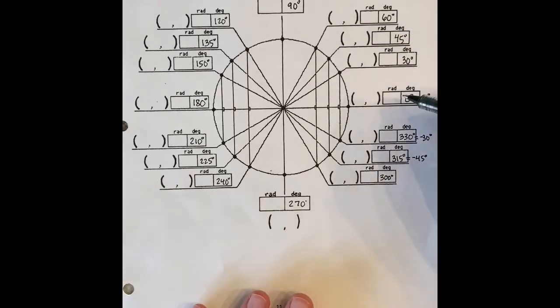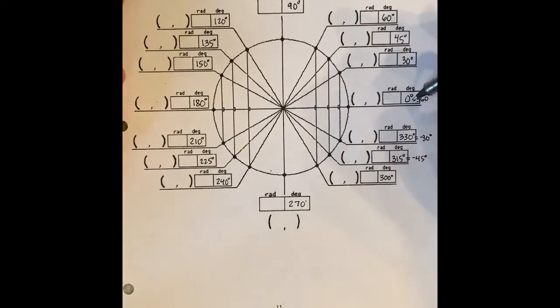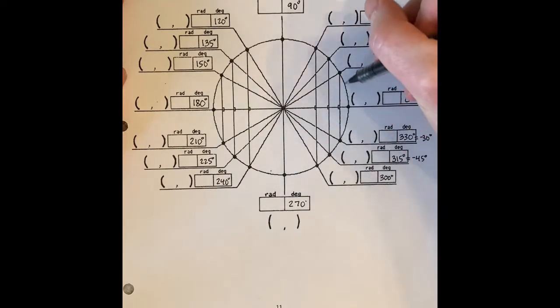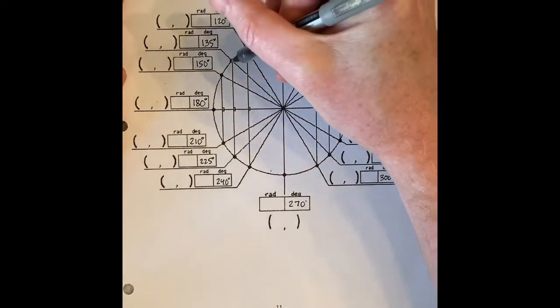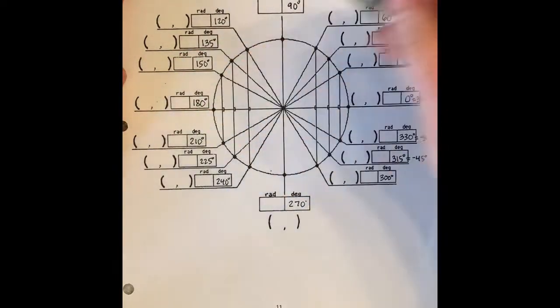And then now I want to talk about radians. Well, we talked earlier that 360 degrees was the same thing as 2 pi radians. Again, 2 pi is about 6.28. And if I took a radius length and I laid it across a circle, I would get about 6.28 lengths of the radius around this.